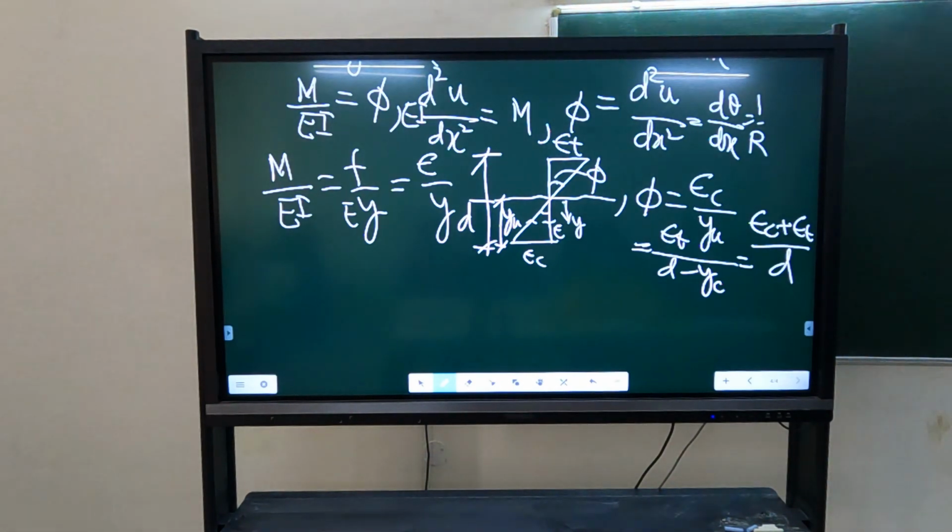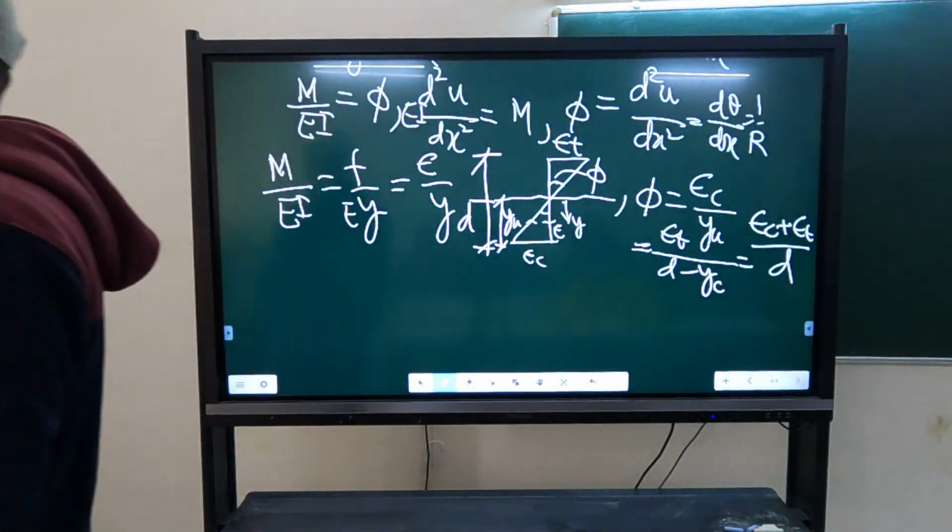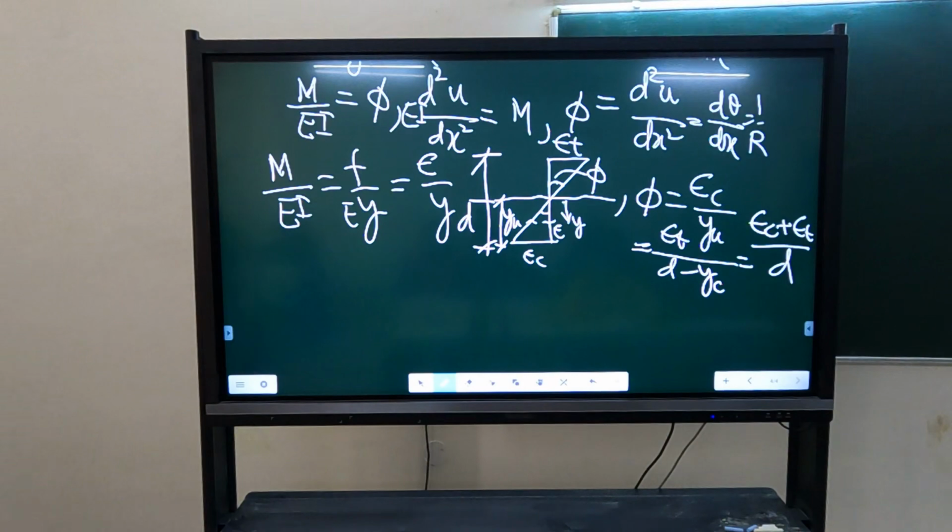Two plane sections rotate with the neutral axis, and the difference between them varies linearly. So the strain will vary linearly if we assume that plane sections remain plane and perpendicular to the neutral axis after bending.